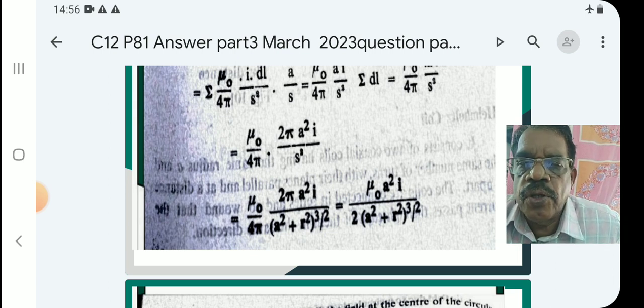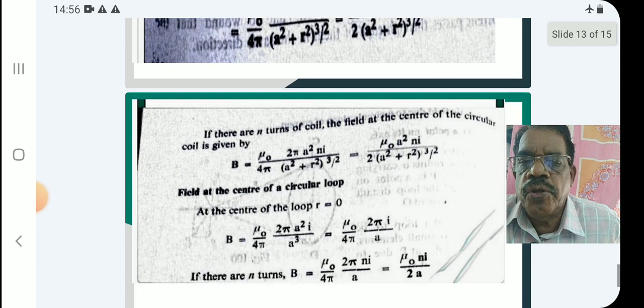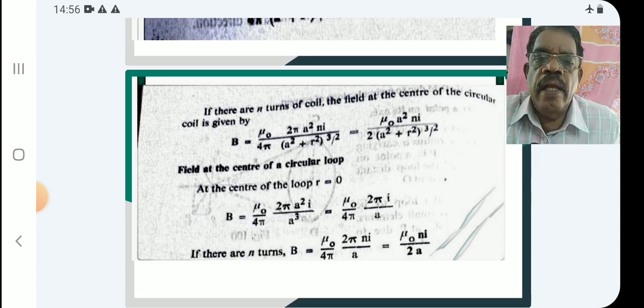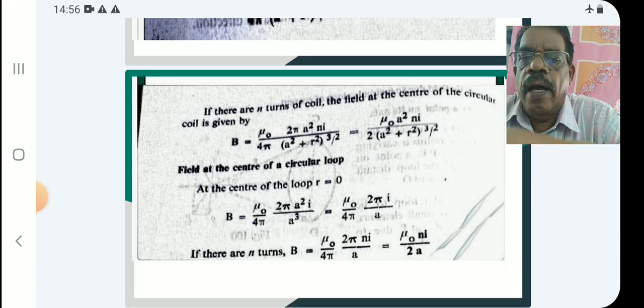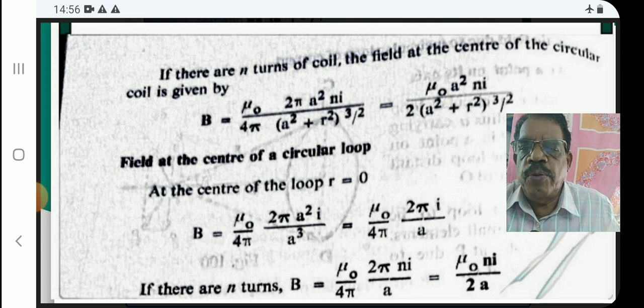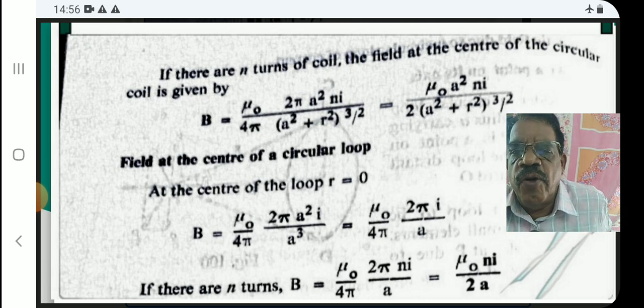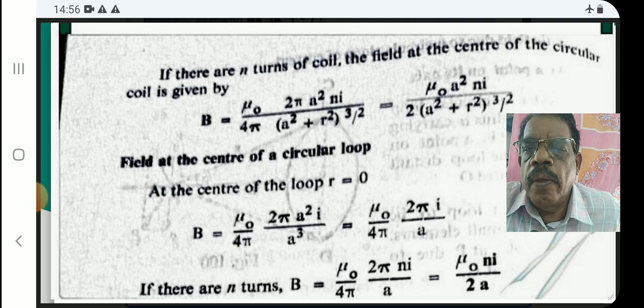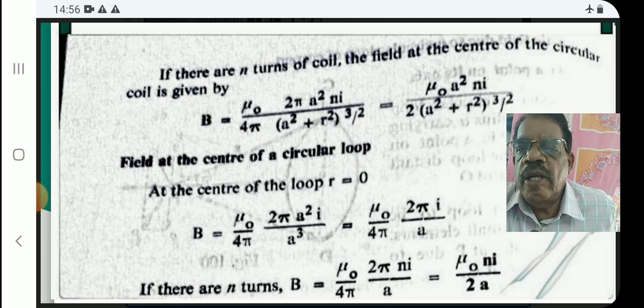That is B is equal to mu 0 a square I by 2 into a square plus r square raised to 3 by 2. And now we make a correction also. The above relation is for one turn, and if there are n turns, we have to multiply it by n also.